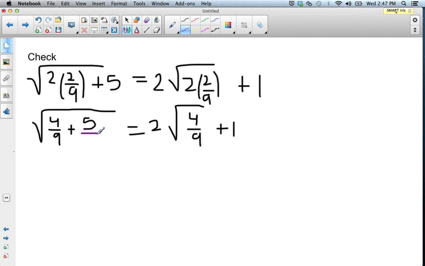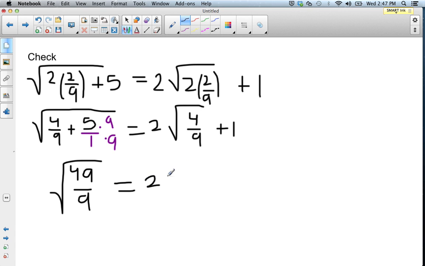So I'm going to put this over 1 and multiply by 9. 9 times 5 is 45, and 45 plus 4 is 49. So we end up with square root of 49 over 9. And on the right side here we have 2 times, and the square root of 4 over 9 is 2 over 3, plus 1.